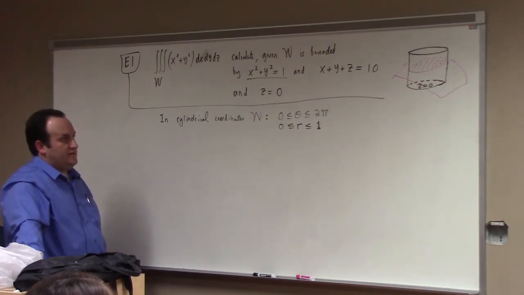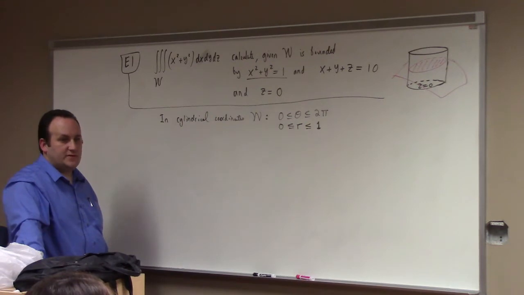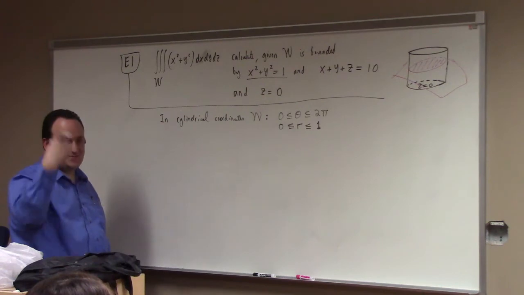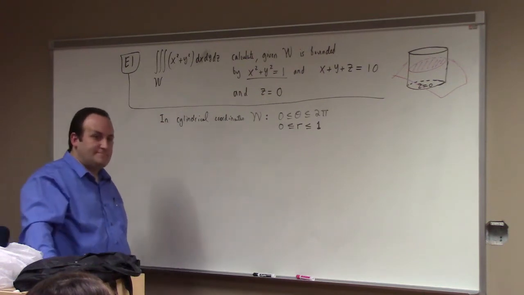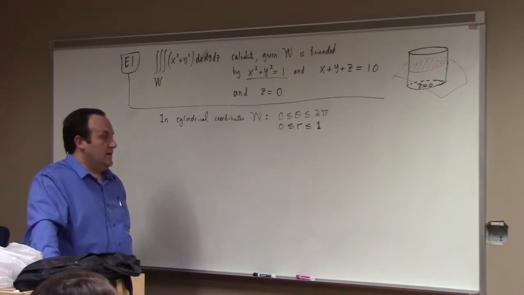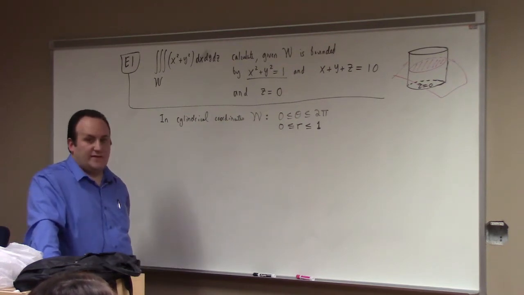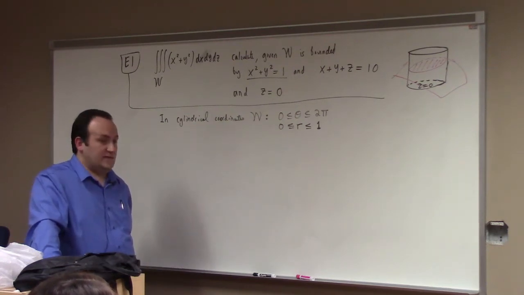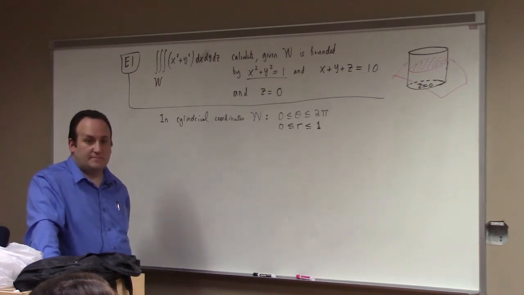So if we were just to think about sculpting all of space with those, well, first of all, if you say 0 less than theta less than 2 pi, have you removed any of R3? You have not. Sweeping theta all the way from 0 to 2 pi doesn't really do anything, right? It just says all directions are possible. 0 less than r less than 1, that gives us the infinite cylinder with radius 1, right?